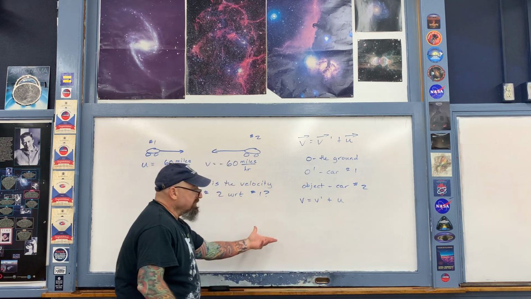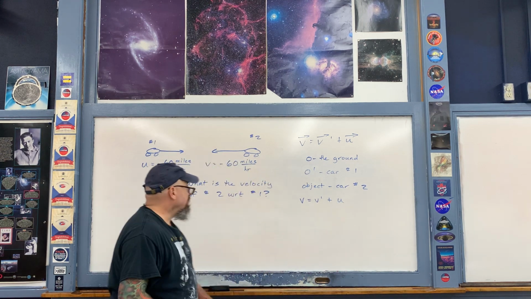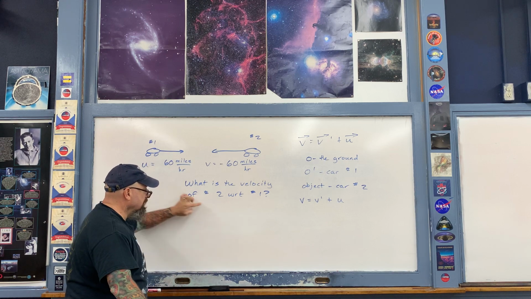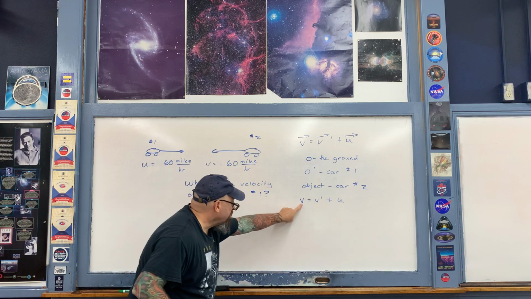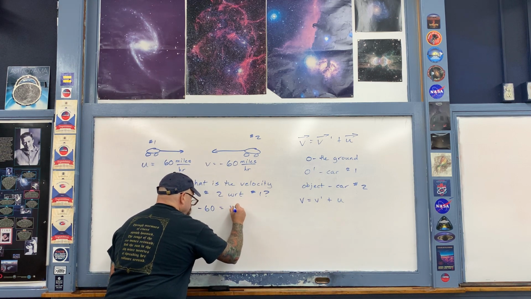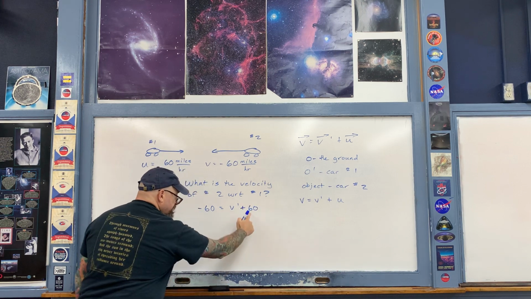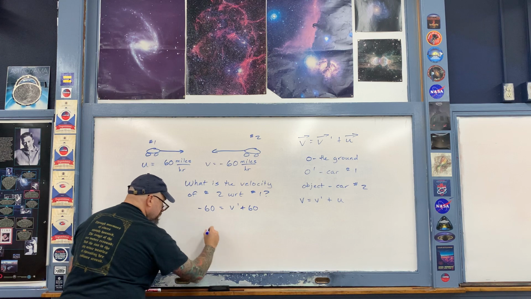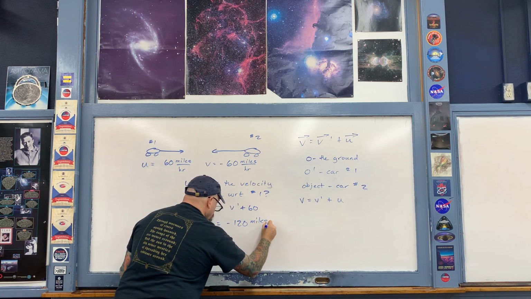Now we just add things up, and what we're solving for in the expression is v prime. That is the velocity of the object, car number 2, with respect to the moving reference frame, car number 1. So we have negative 60 is equal to v prime plus u, plus positive 60. Move the 60 to the other side of the expression, and v prime is equal to negative 120 miles per hour.